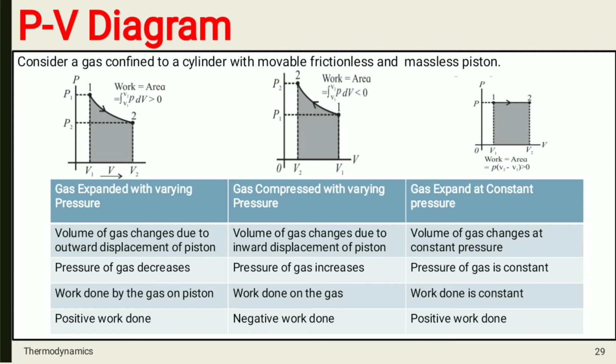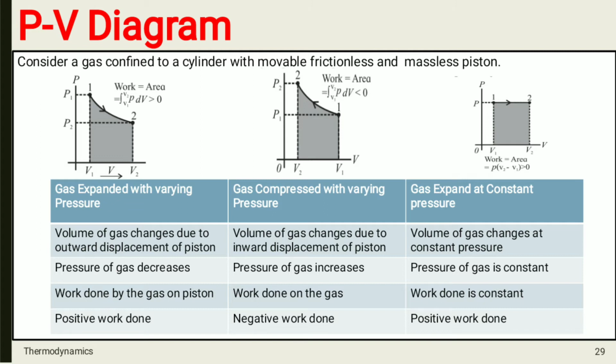Now, on your screen, you can see the pressure and volume curve of an ideal gas when the temperature of the system is constant. Here, we will consider that a gas is confined in a cylinder with a movable, frictionless and massless piston.